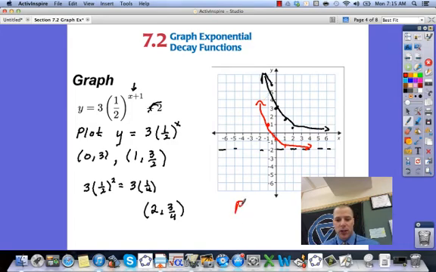So our range here is the most important. You're actually at -2 to infinity because you're above that line. So this is the correct graph. This graph in black is just the original function, y equals 3 times 1/2 to the x.